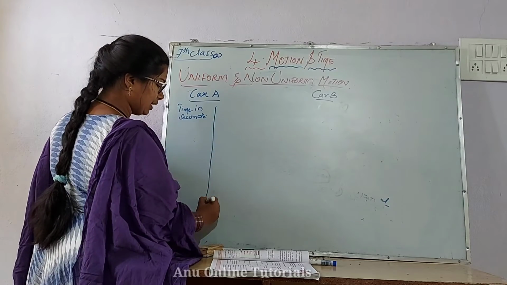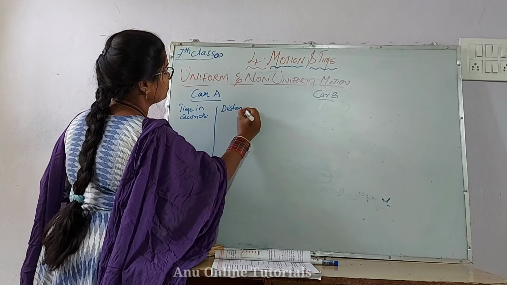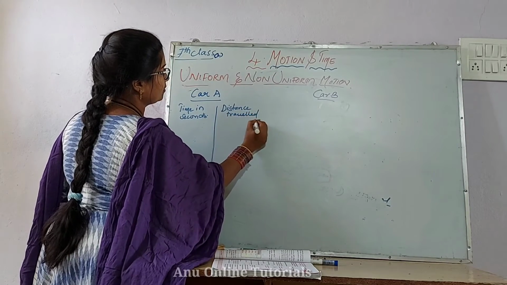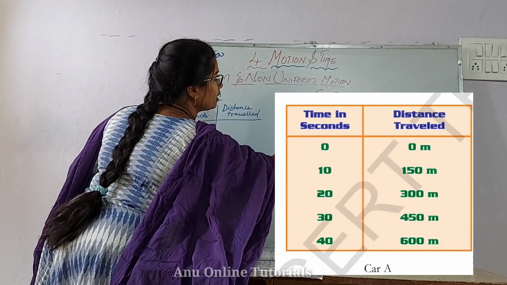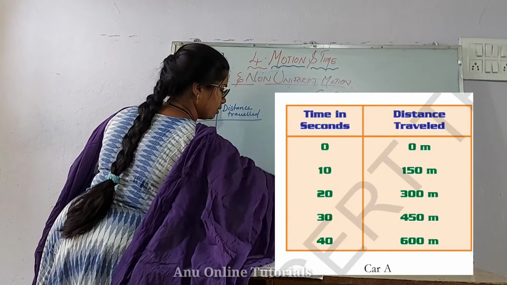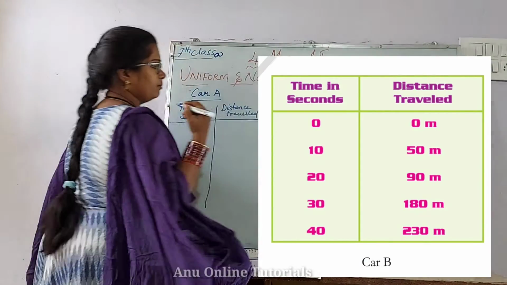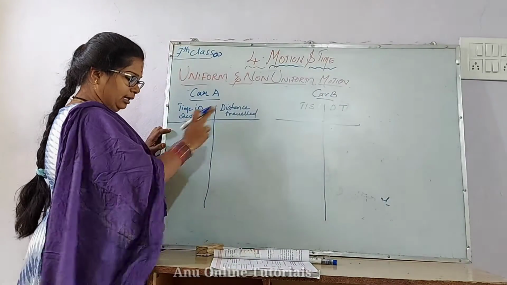Time in seconds we will take in one column, and distance traveled in another column. The same we will take for car A and car B.